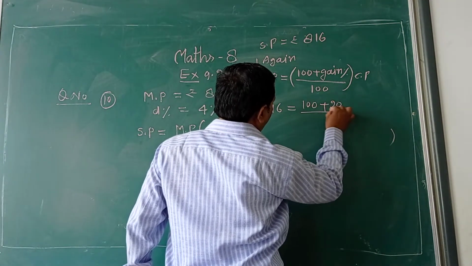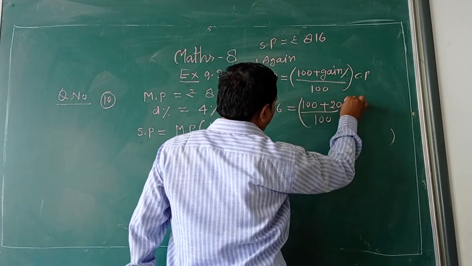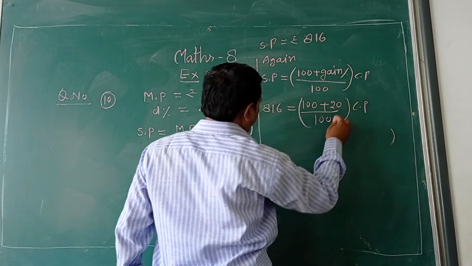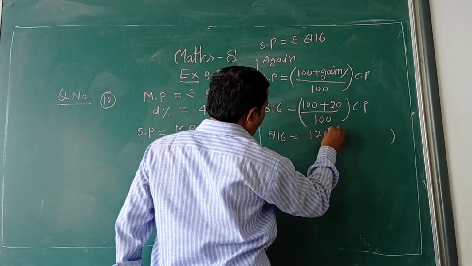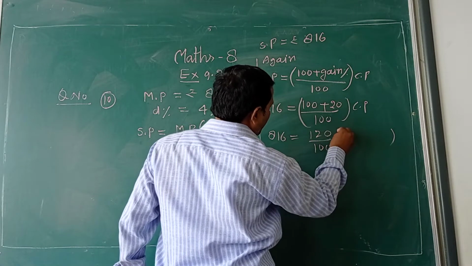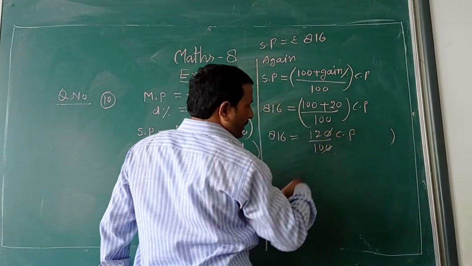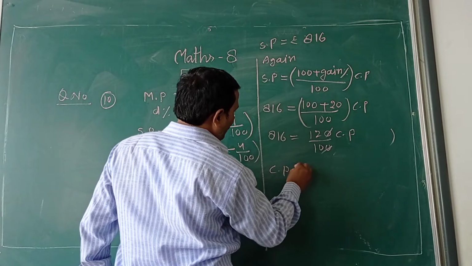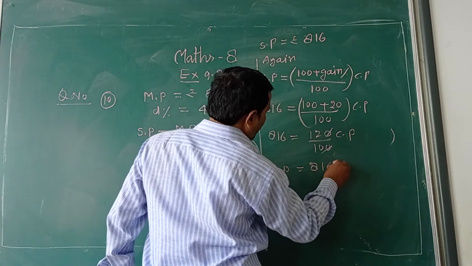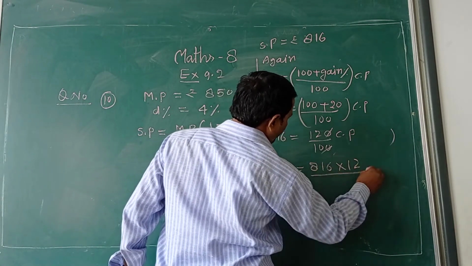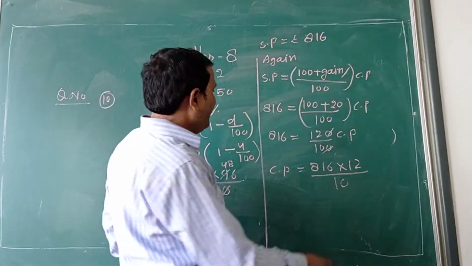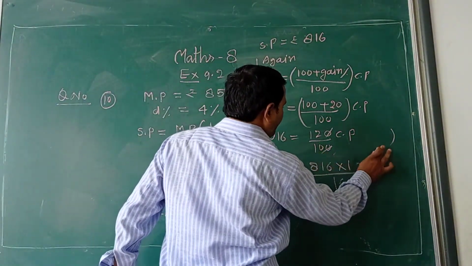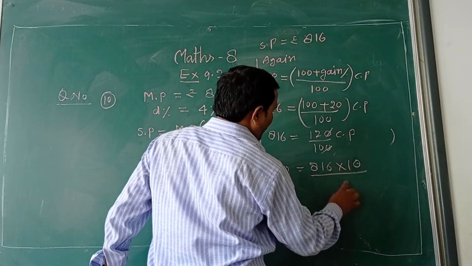20 upon 100 into CP. 816 is equal to 120 upon 100 into CP. 0 cancels. CP is equal to 816 into 10 upon 12.